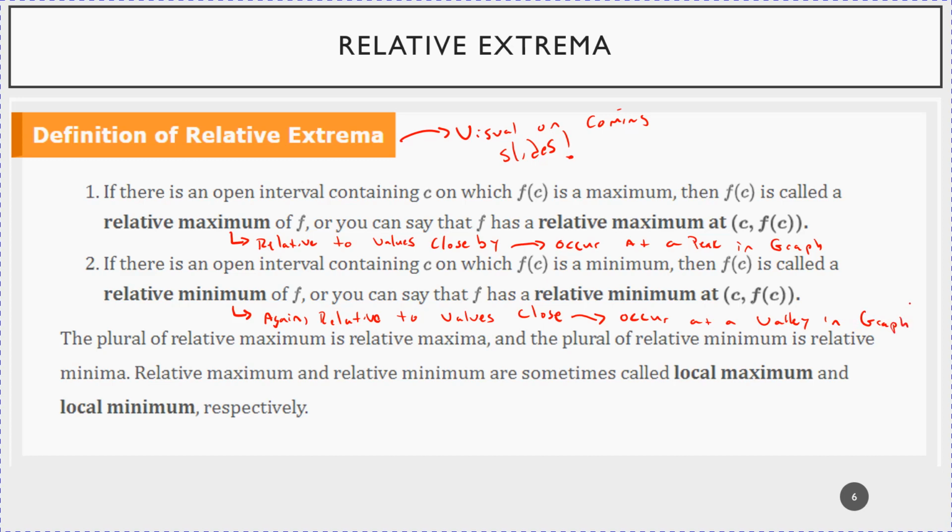Okay, so relative max occur at peaks, and relative mins occur at valleys. The plural of relative maximum is relative maxima, and the plural of relative minimum is relative minima. Relative max and relative mins are sometimes called, because they're relative to values close by, local max and local min respectively.